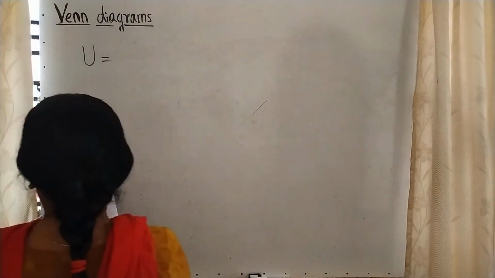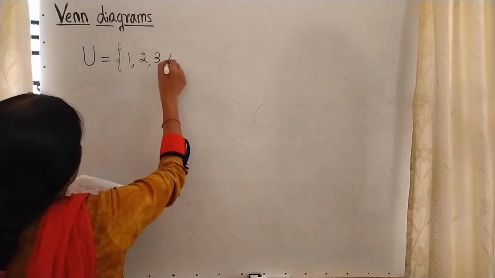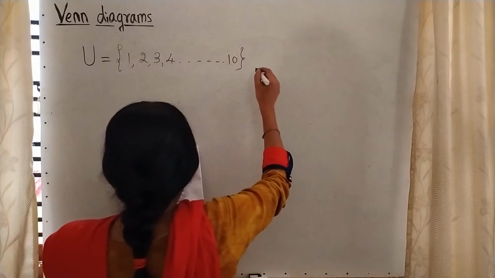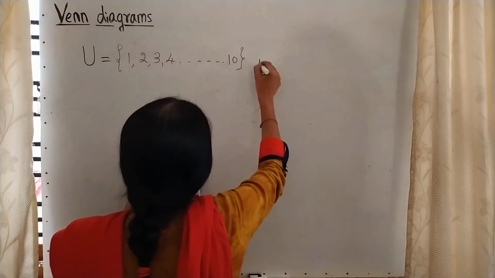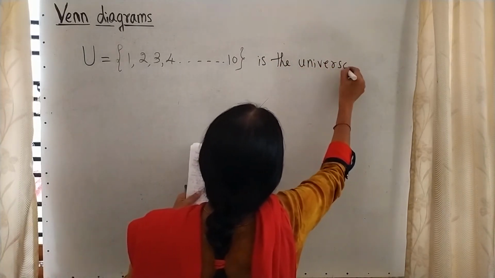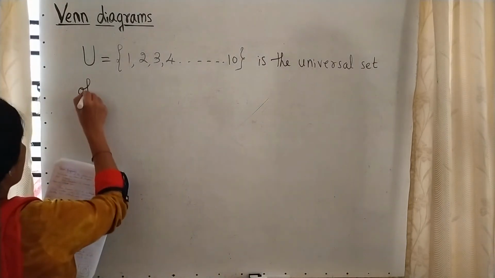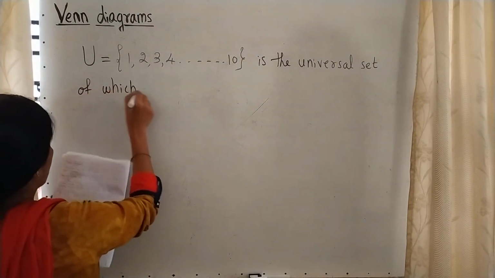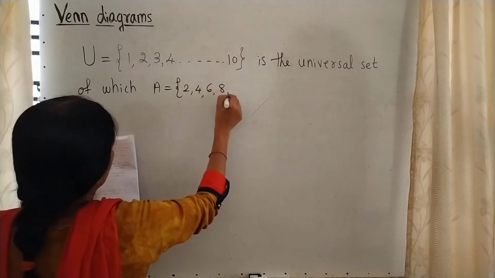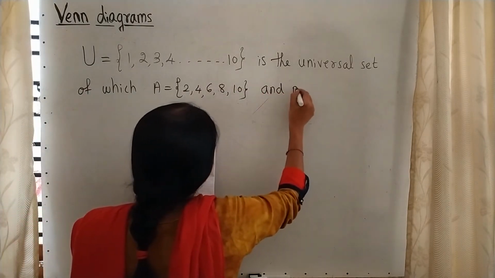See, the universal set again is 1 to 10: 1, 2, 3, 4, I am writing the middle numbers, that means it is 1 to 10. This is the universal set, of which A is the same, 2, 4, 6, 8, and B. Students may be confused that I am writing the same question.